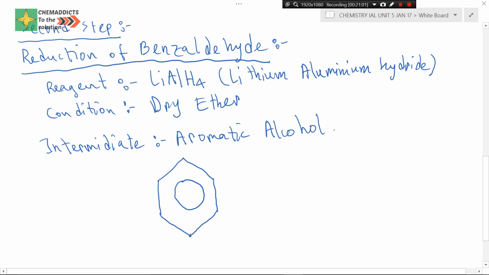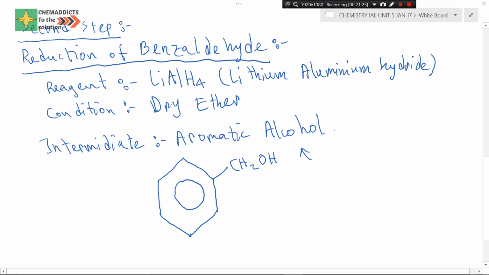So this is the structure for aromatic alcohol, CH2OH. What is actually happening here is just like the reduction of an ordinary aliphatic aldehyde, this reaction is similar to the reduction of aldehyde.